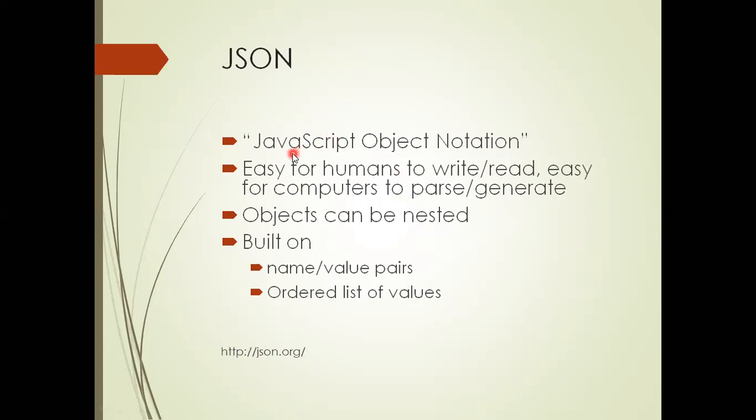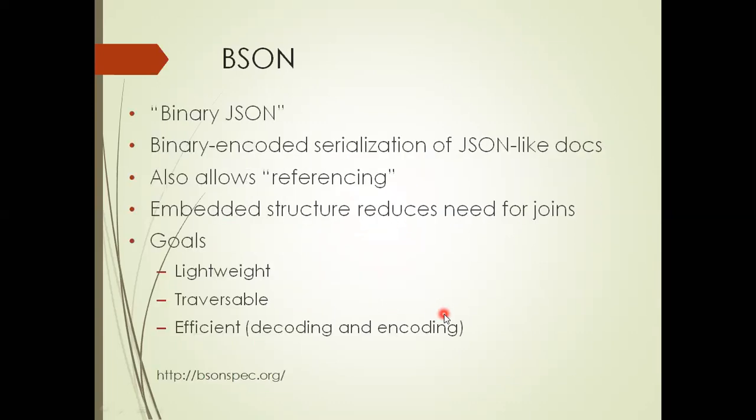JSON is JavaScript Object Notation, which is easy for human beings to read and write. It is also easy for computers to parse code written using JSON. In JSON we create objects, and these objects can be nested. They are built on name and value pairs. It also provides an ordered list of values.